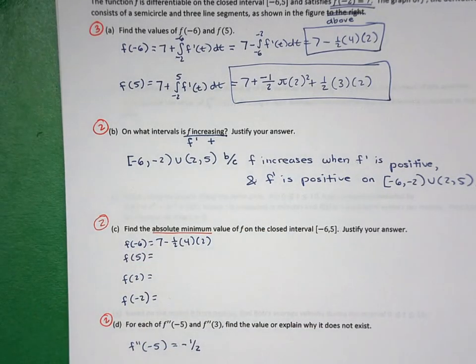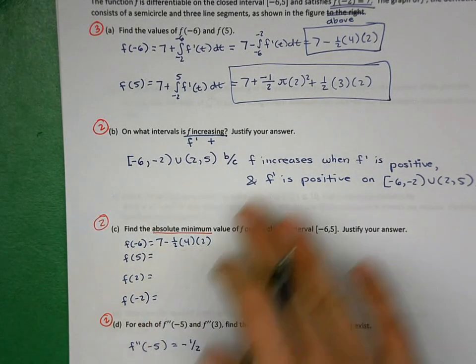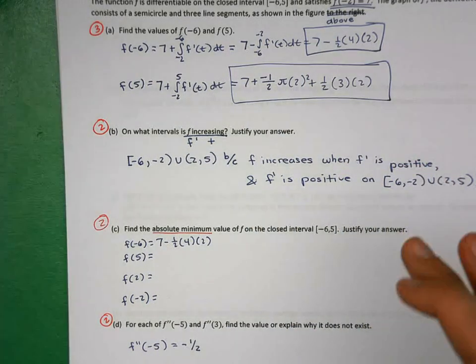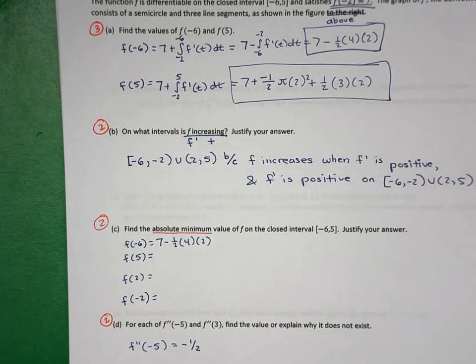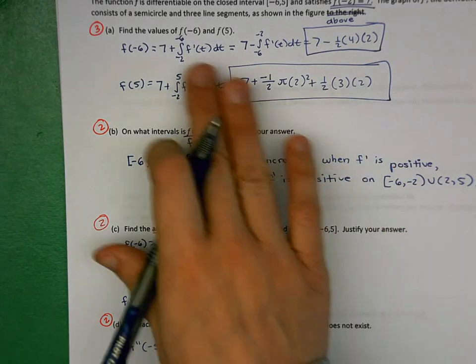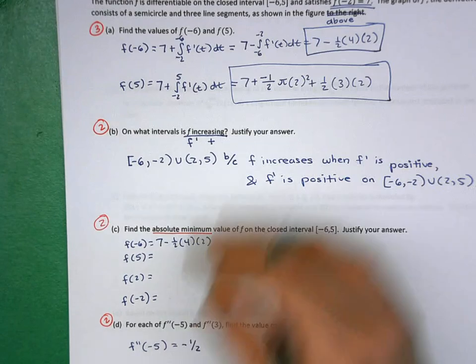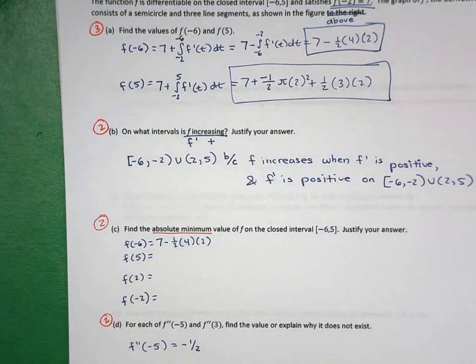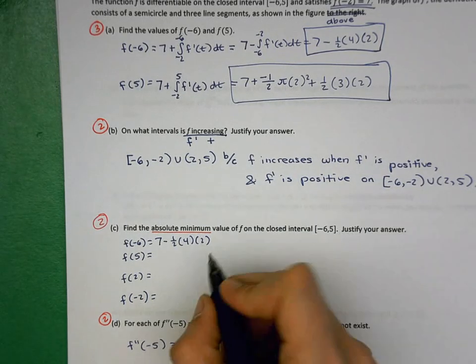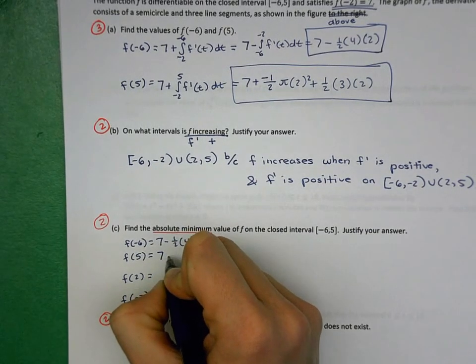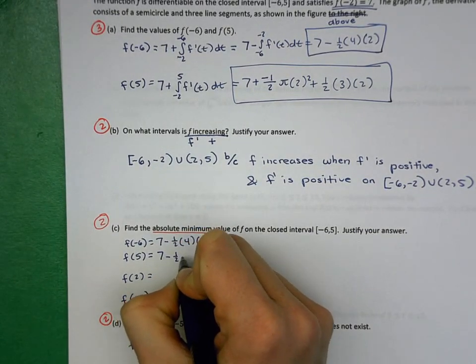So if you did for some reason make a mistake that dropped this point really low and made it the absolute minimum, you wouldn't double lose that point as long as this work up here is not oversimplifying the problem, right? So don't double dock yourself. And again, if you're looking at yours going, I'm not sure if this is double docking, take a picture, send it to me. I'm more than happy to check it for you. Okay, we also found f of 5, same thing up there, right? If you made a mistake with your f of 5, you wouldn't double dock.